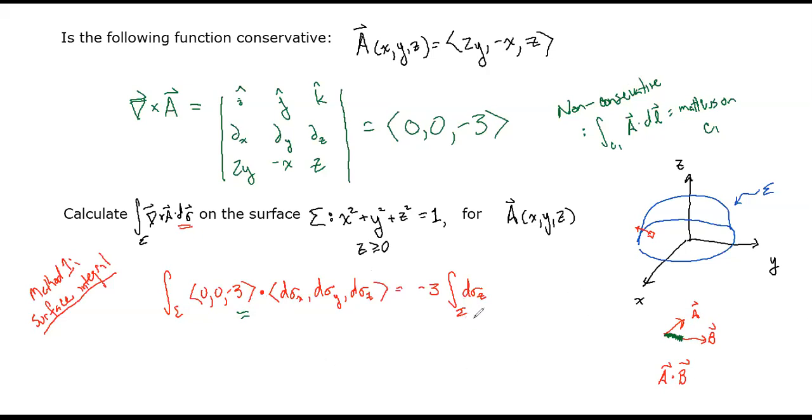So it turns out that this is really just the area projecting, or looking down the z axis. And if you look at this surface down the z axis, what does it look like? It's a circle. Yeah, it's just a unit circle, so it's got area pi r squared, pi 1 squared, pi.